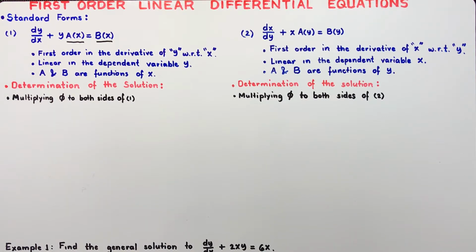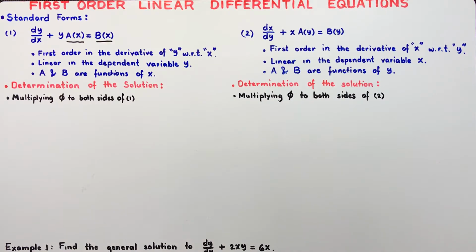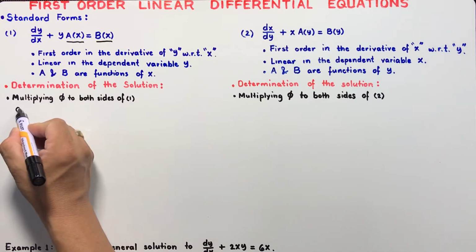So, in obtaining the solution of the standard differential equation number 1, we need to multiply our integrating factor phi to both sides of the equation. Whenever we say phi here, it means a function of x. So it is phi of x.